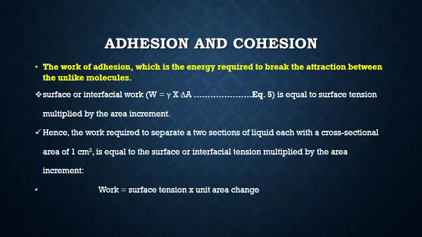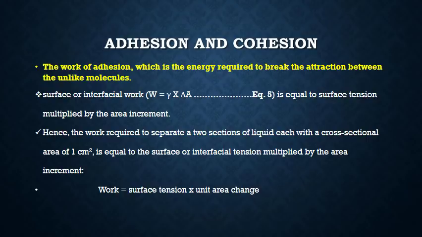So after we have understood surface tension and interfacial tension, let us go into the molecular level when we talk about adhesion and cohesion. The work of adhesion is the energy required to break the attraction between unlike molecules. Surface or interfacial work is equal to the surface tension multiplied by the area of an increment.